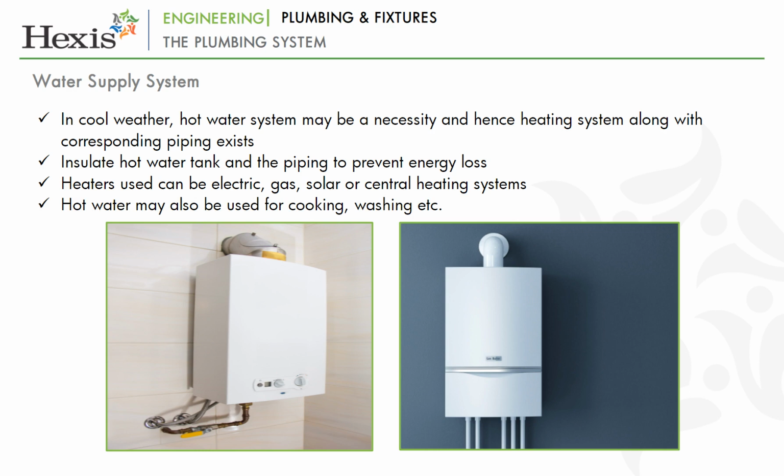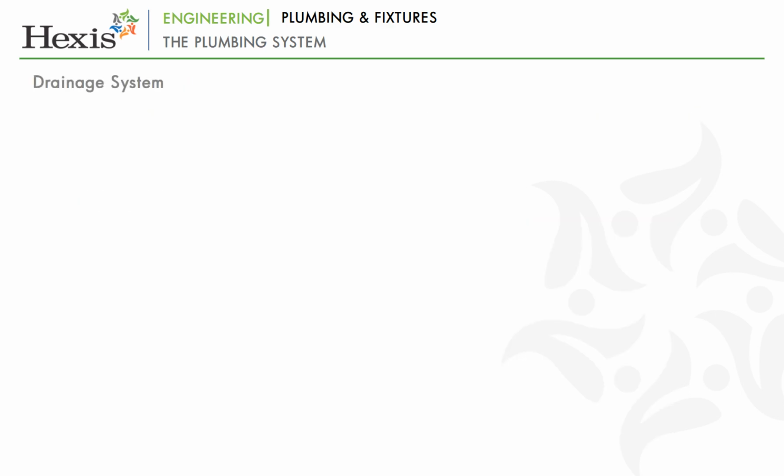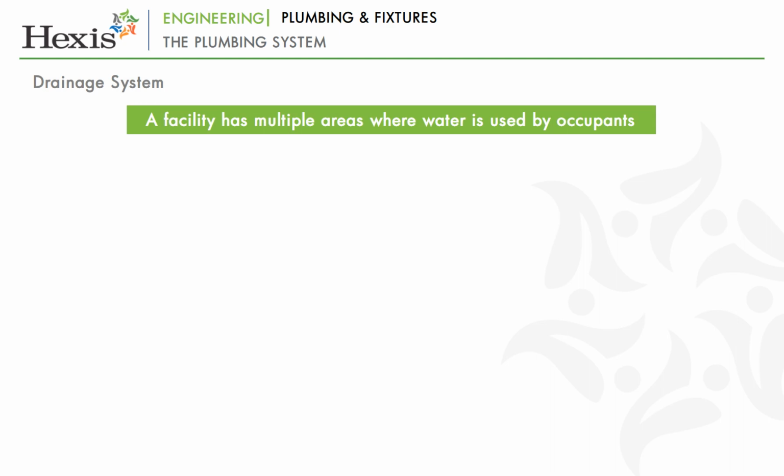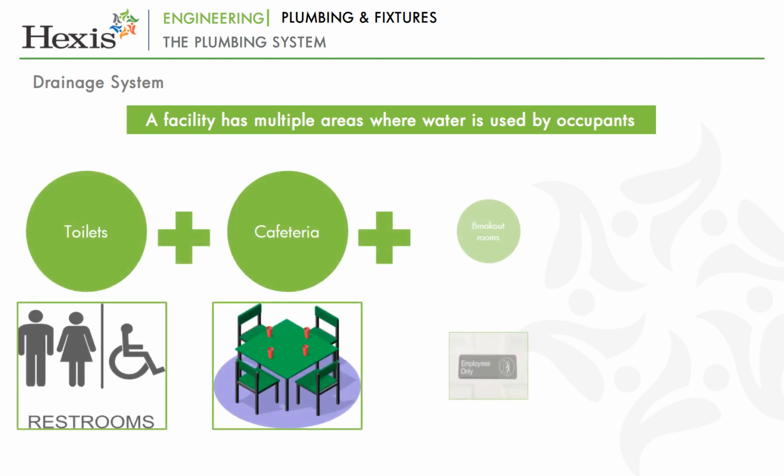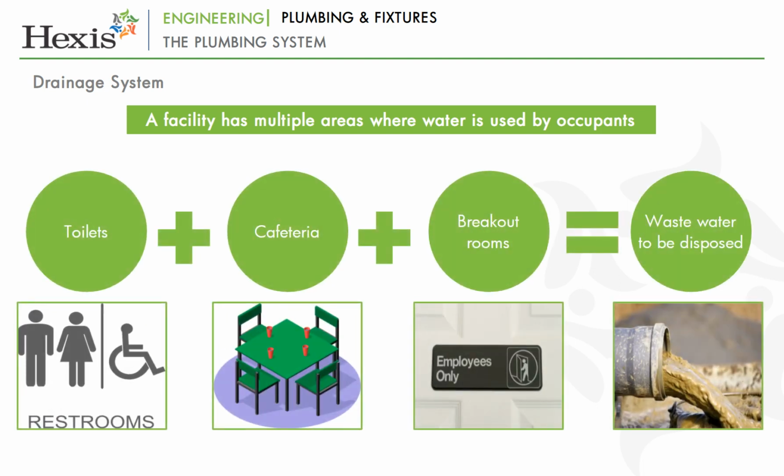Now that we know about the water supply system, let us take a look at the drainage system. Depending on the size, a facility will have multiple areas where water is used by occupants. These include washrooms, pantries, cafeterias, and breakouts. The used water from these places needs to be carried out of the building either for treatment or disposal into the environment.